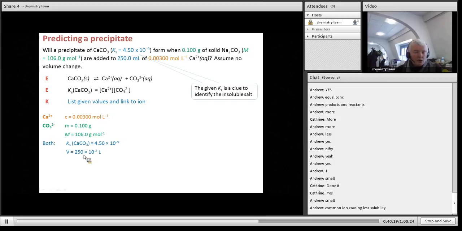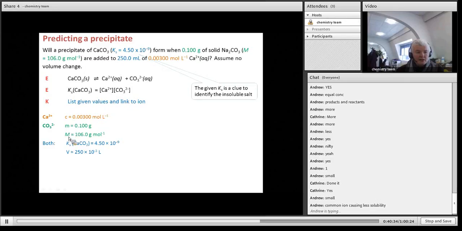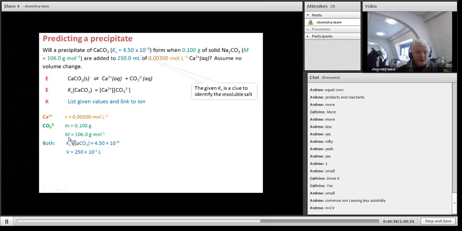So what equation can I use that will eventually lead to a concentration for the carbonate, given what I know in green, mass and molar mass? Okay, C is equal to n over V, correct.